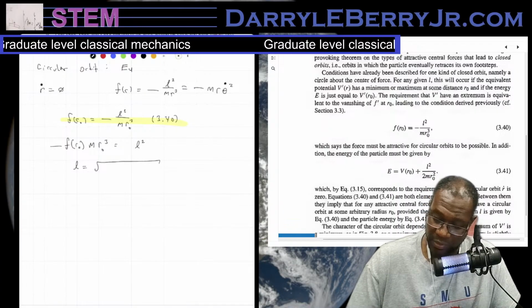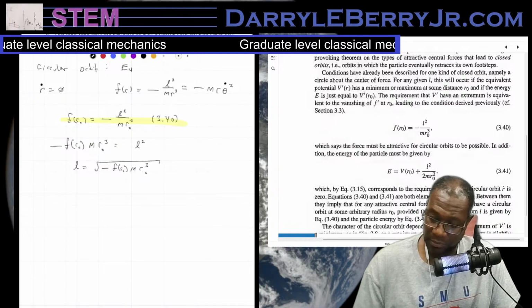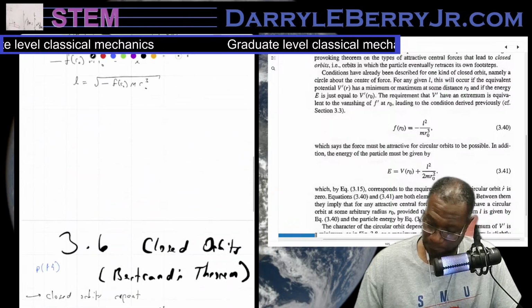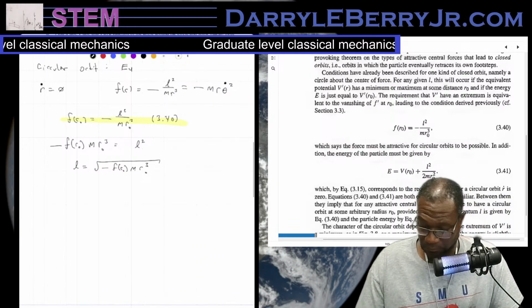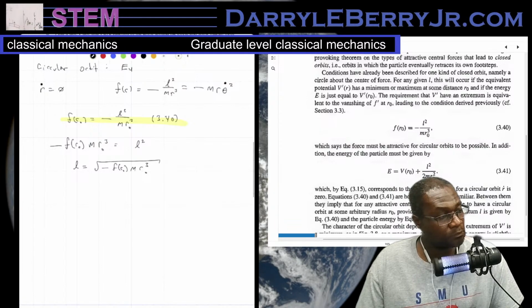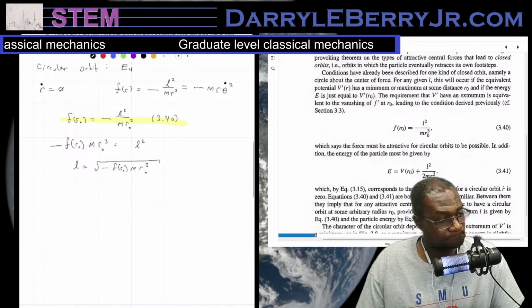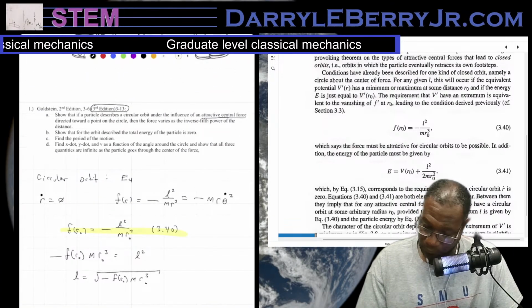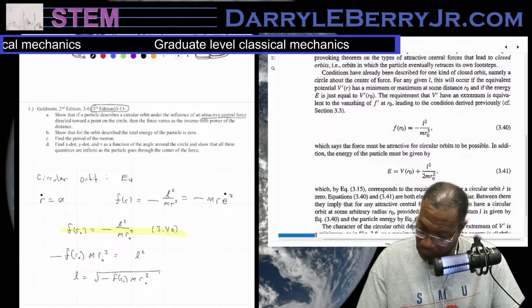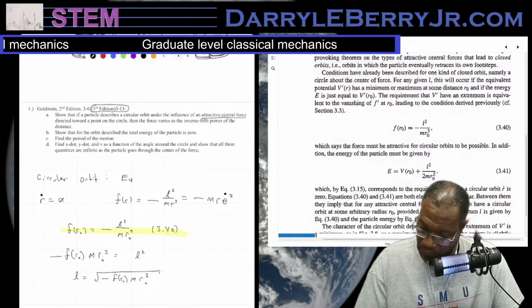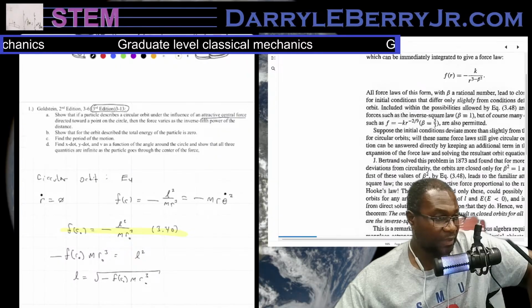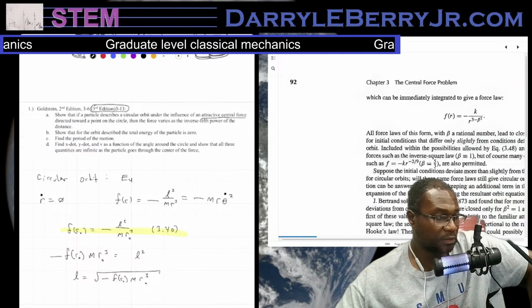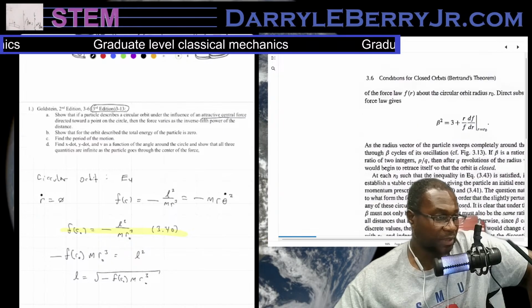L equals the square root of negative F(r naught) m r naught cubed. Maybe I'm thinking about this incorrectly, and I can't do this just from the equations. Maybe I need to solve it like Lagrangian.